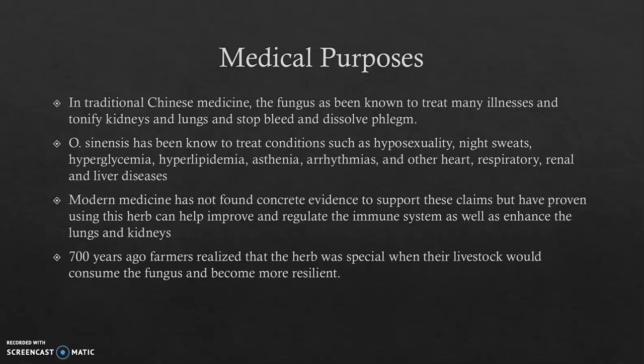Modern medicine has not found concrete evidence to support all of these claims, but they have proven that the herb can help improve and regulate the immune system, as well as enhance the lungs and kidneys specifically. This was first discovered around 700 years ago when farmers realized that their livestock were eating this fungus and they would become more resilient and stronger.